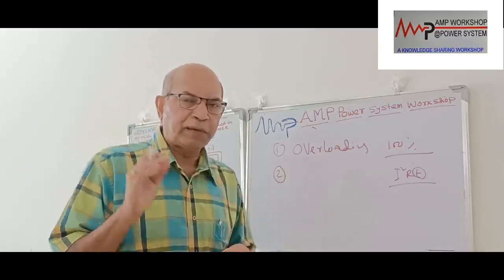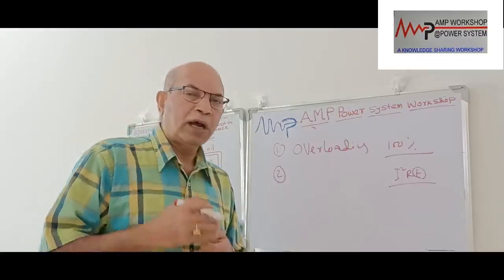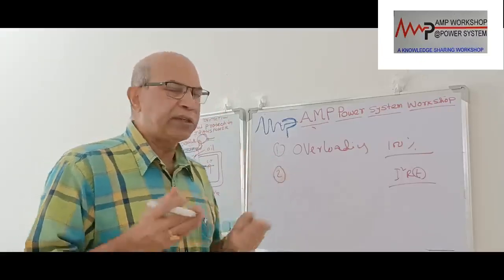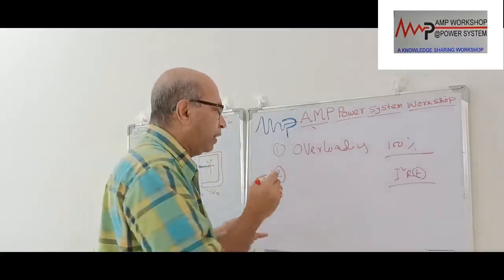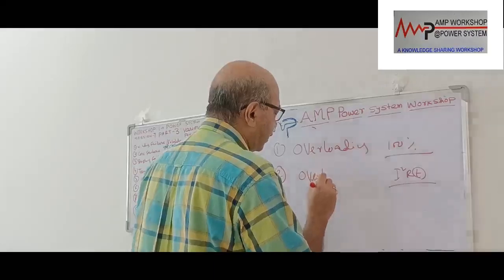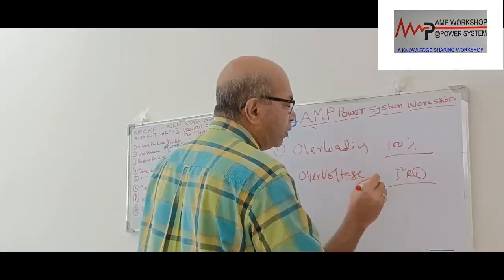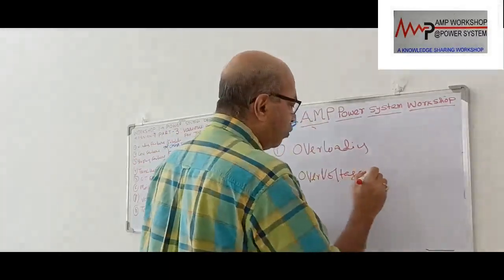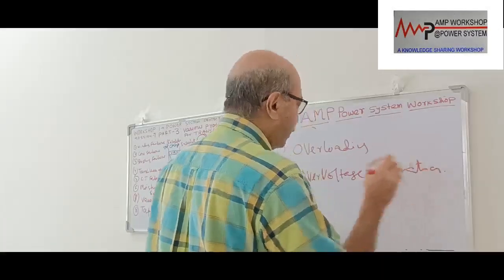If the transformer is subjected to power frequency over voltage continuously, or impulse voltage or transient over voltage, then the transformer can also fail. That means over voltage operation may cause failure of the transformer. We'll discuss how the over voltage can take place.